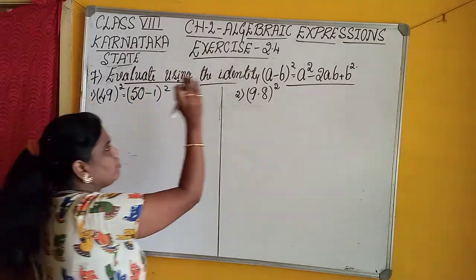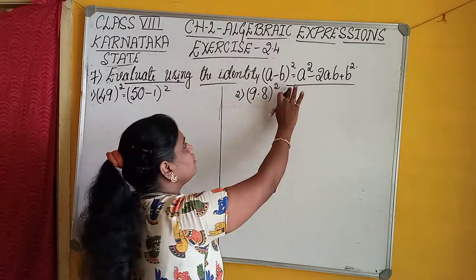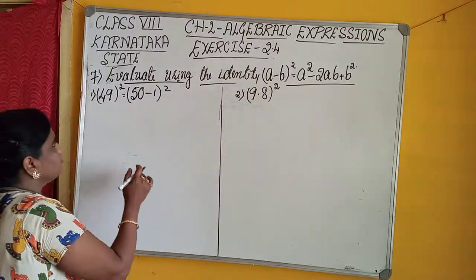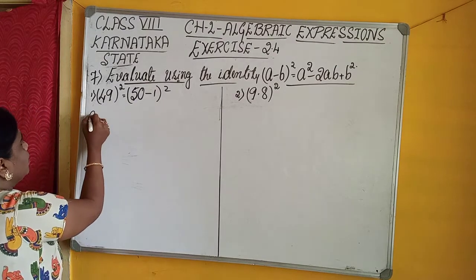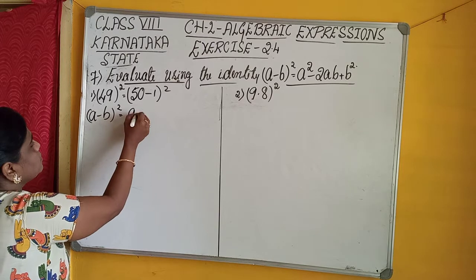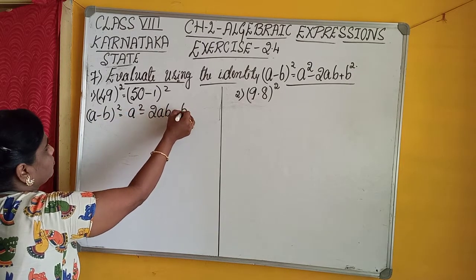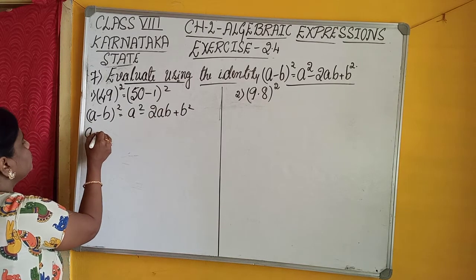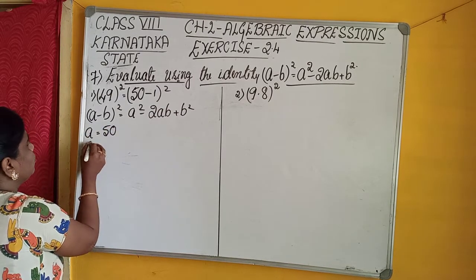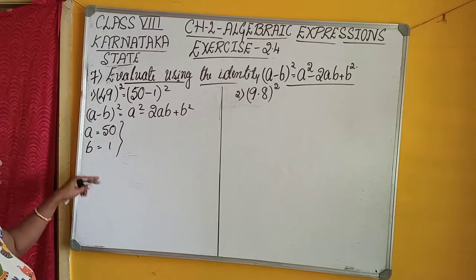Now this is in the form of (a minus b) whole square, and it can be written in the form of a square minus 2ab plus b square. Therefore, (a minus b) whole square is equal to a square minus 2ab plus b square. The value of a is equal to 50 and the value of b is equal to 1. Okay, understood students?